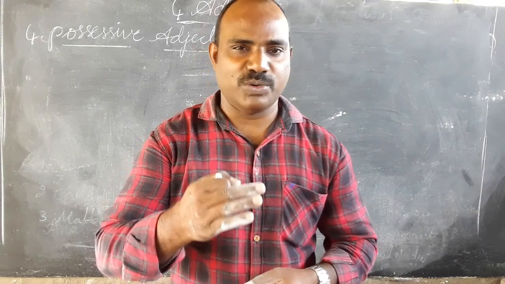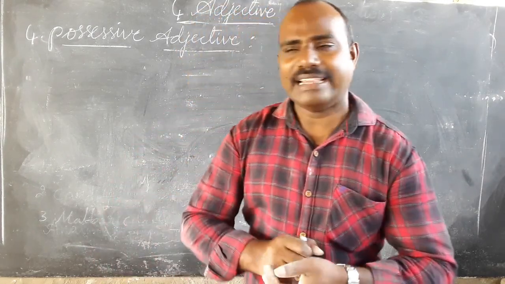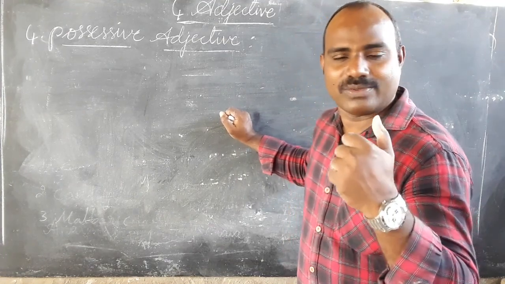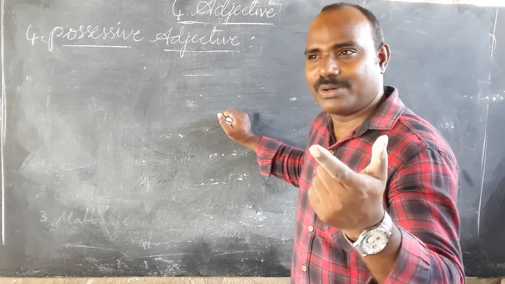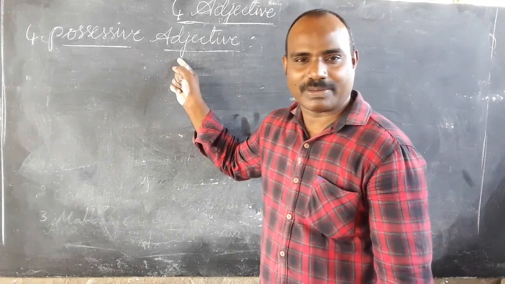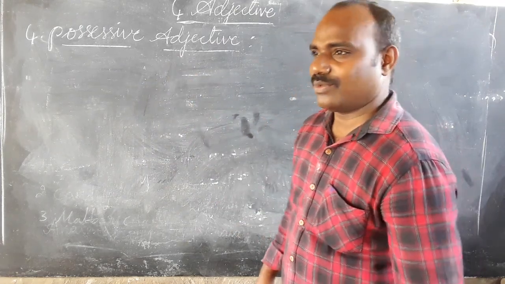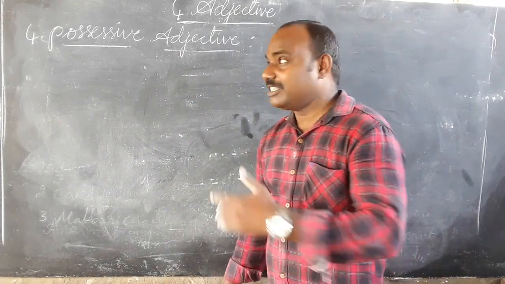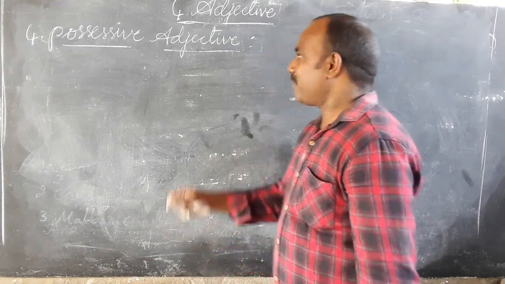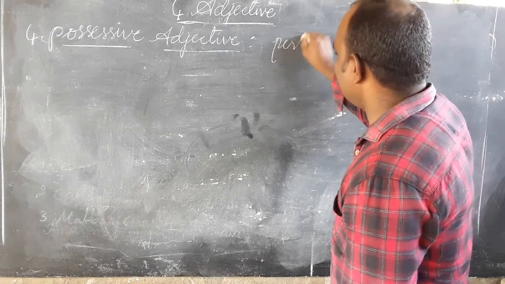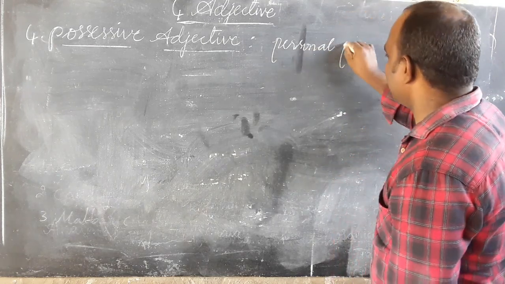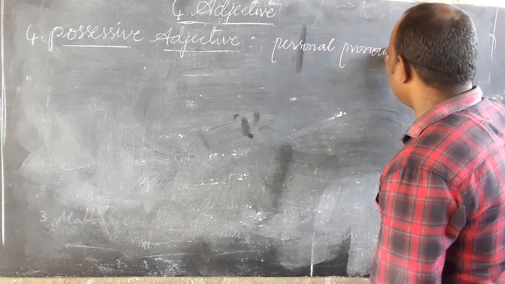See, I think I explained this when I was teaching you pronouns. In my second video, I think I taught you what the possessive adjectives are. See, I'll teach you again. What are possessive adjectives? See, these possessive adjectives are completely formed from personal pronouns.